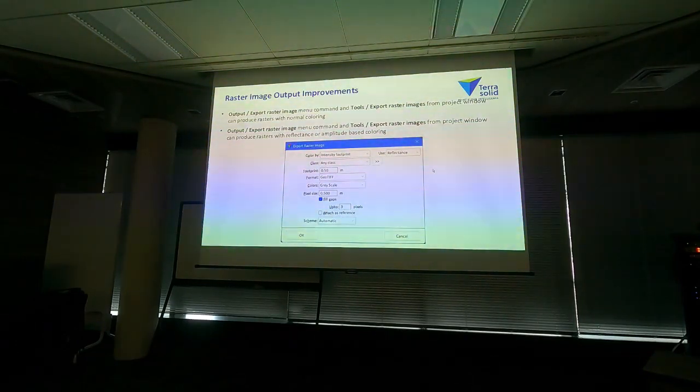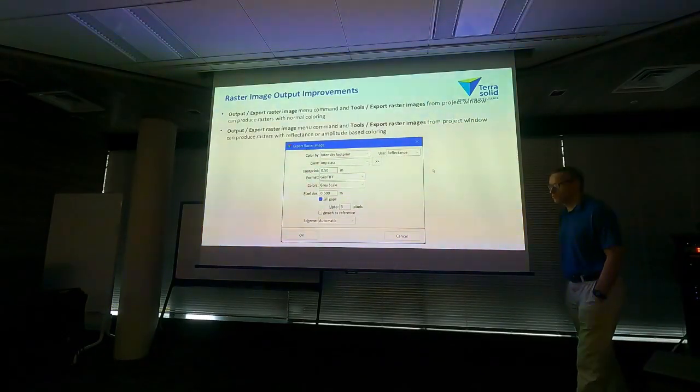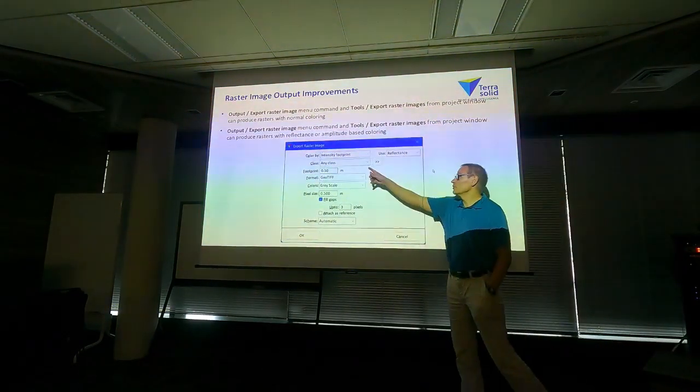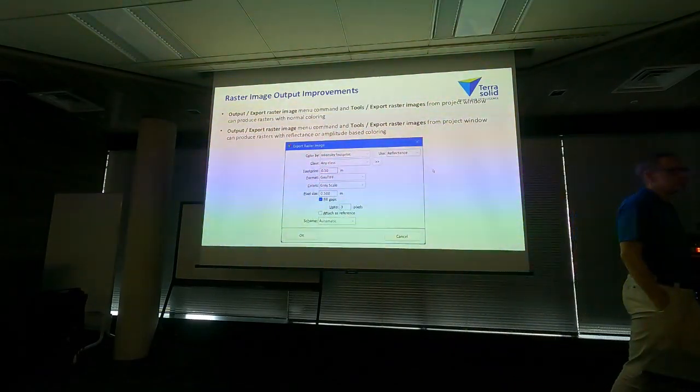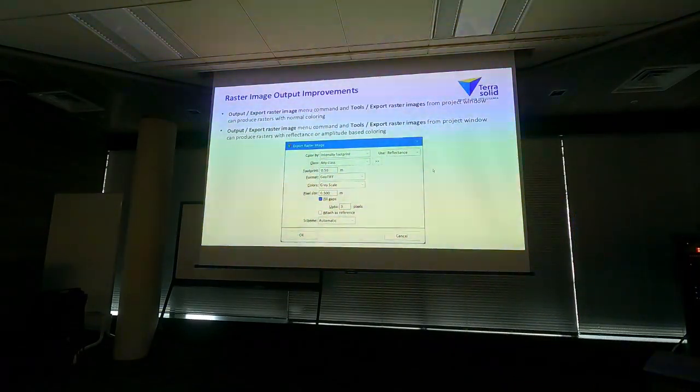There's normal coloring, reflectance, and amplitude coloring added to raster image output. The way amplitude and reflectance work is that in the color pie you choose intensity something. It can be intensity, it can be intensity footprint, and there's something like a road intensity.